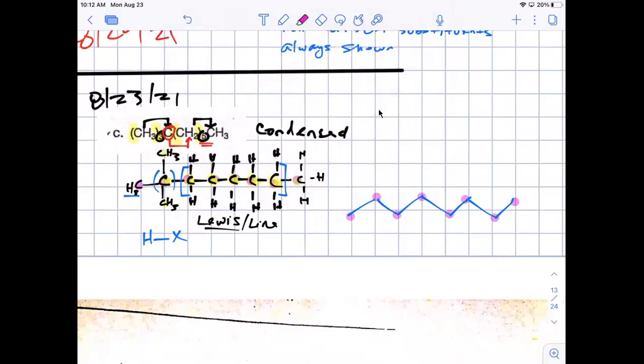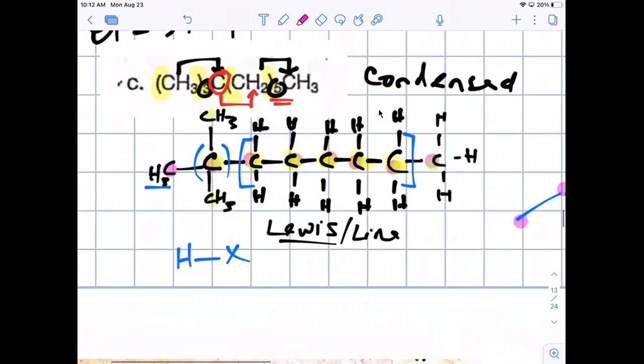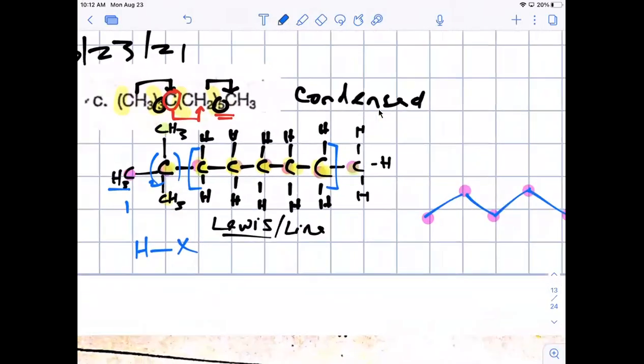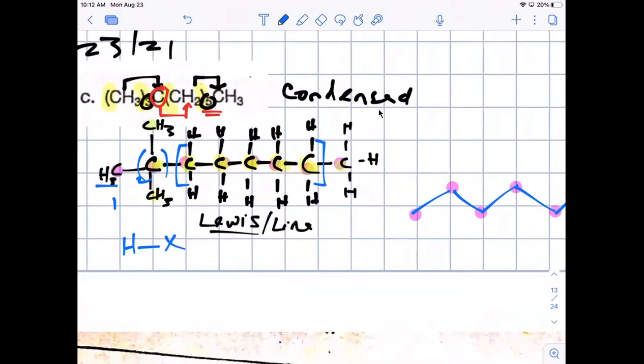Yes. All right, and then if I go from 1 to 2, let's look over here. Right, this is 1 and that's 2. What's on carbon 2 that I need to include in the skeletal form? CH3. 2 of them. Is that right? Got 1 here and 1 here.